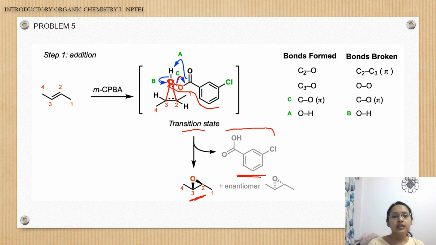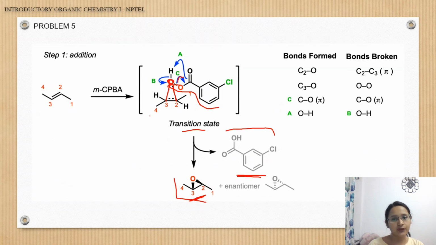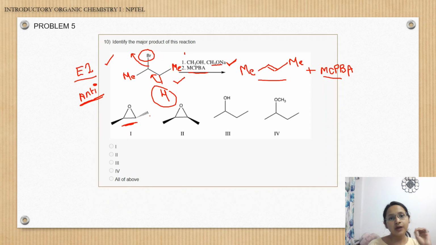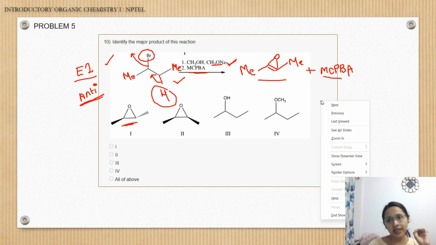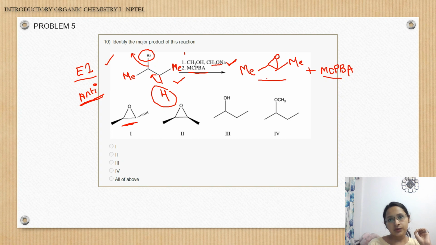Now you have to figure out what would be the stereochemistry at the ends of this epoxide. So this is the mechanism of how this epoxide ring is generated. After looking at this mechanism, you can say that yes, this alkene bond is converting into an epoxide linkage. So this is what you will get.